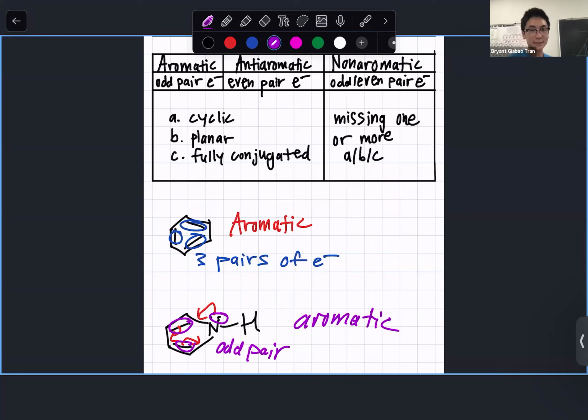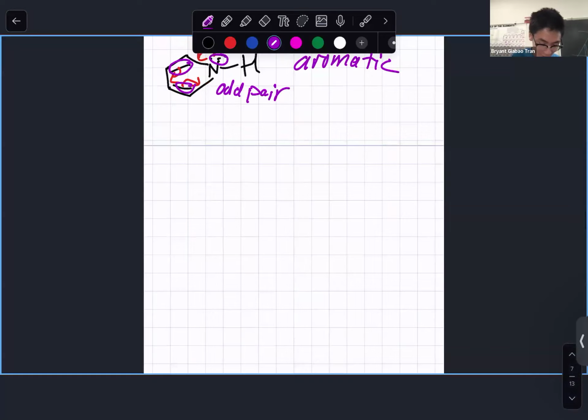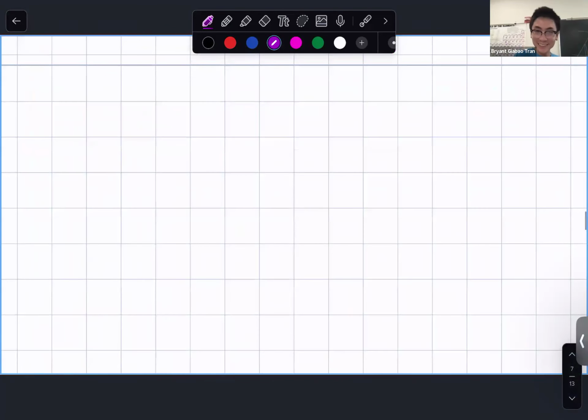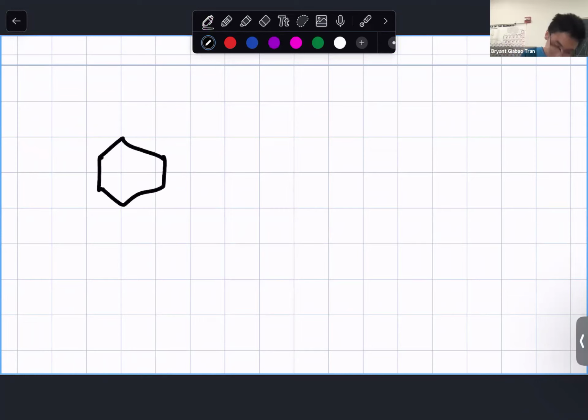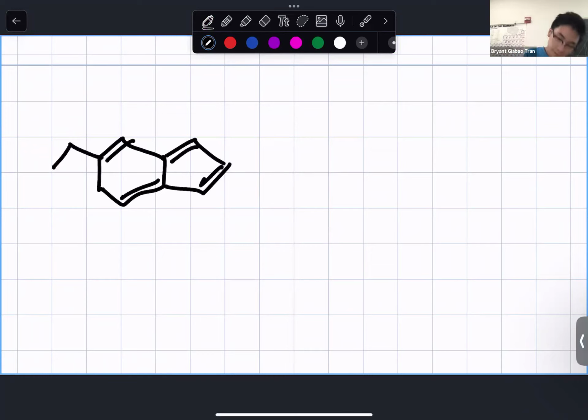So let me give you guys some practice problems on this, and then 3 oddball examples, 3 weird examples of this here. Okay. Let's say we have that.